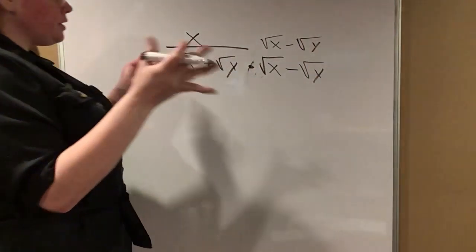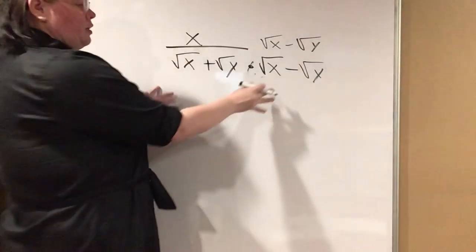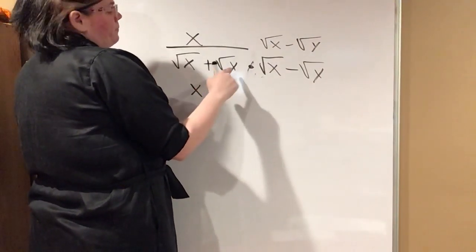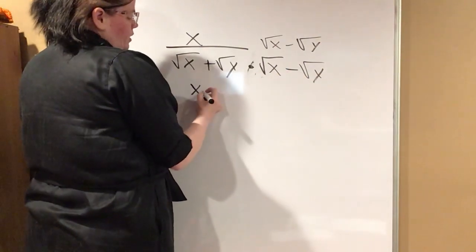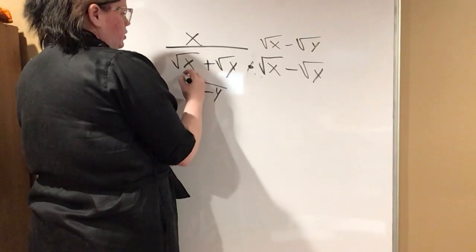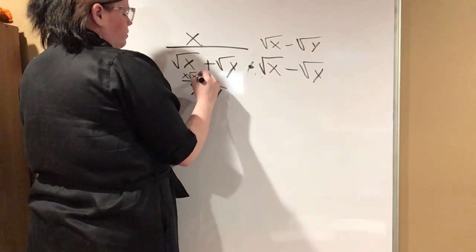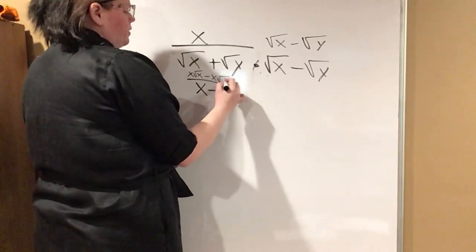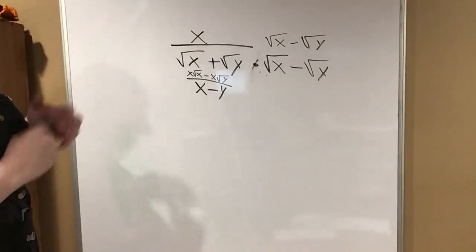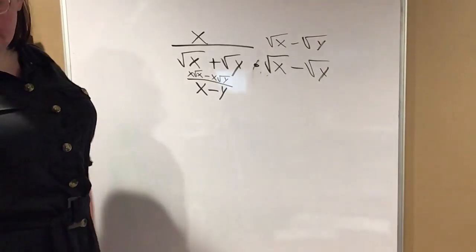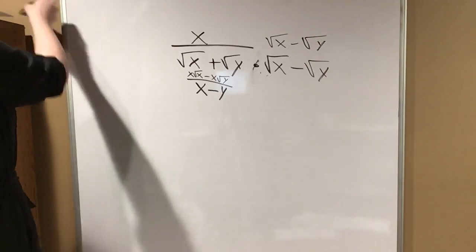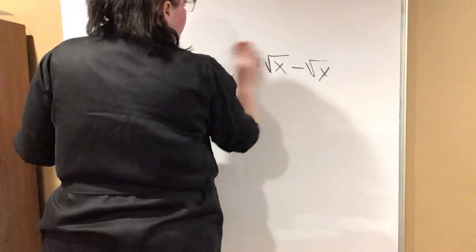When we do that, the middles cancel out, so we don't even have to do a box on the bottom because x times x is x squared, taken out is x. Y times y is y squared, and it's negative y. And then on the top, it's just x square root of x minus x square root of y. And we can't do anything, so that's how we simplify. That's how you rationalize denominators. You have to rationalize the bottom because you can't have radicals on the bottom. That's just the rule of math. No radicals on the bottom.